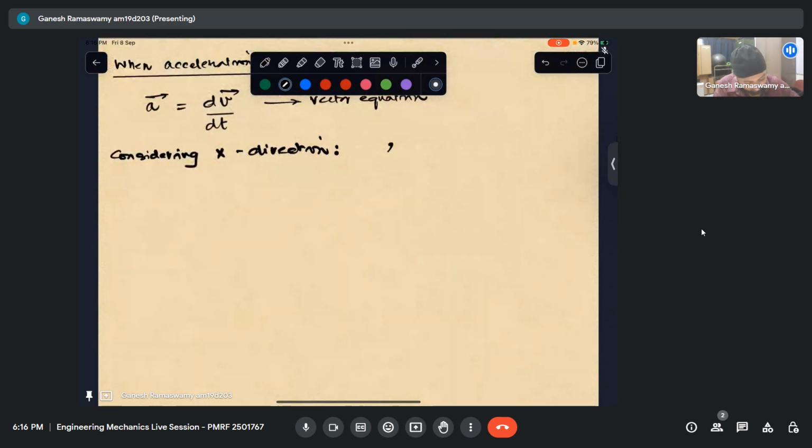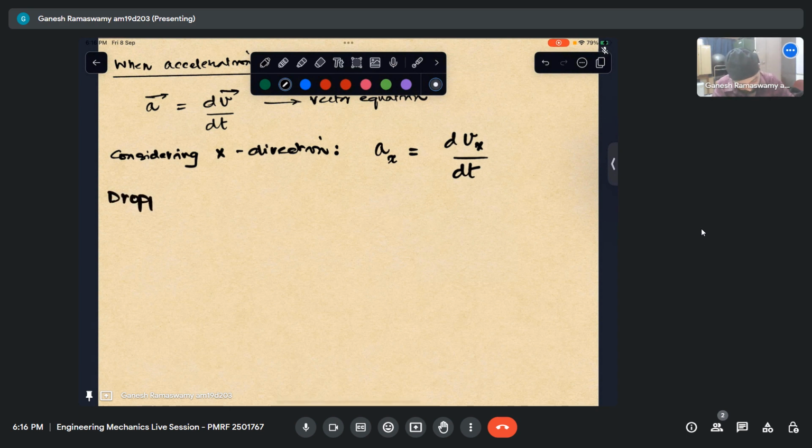So essentially ax is nothing but dvx by dt, where vx and ax are just scalar components in the x direction. So for simplicity, I will drop the subscripts here. So dropping the subscripts, I get a is nothing but dv by dt.